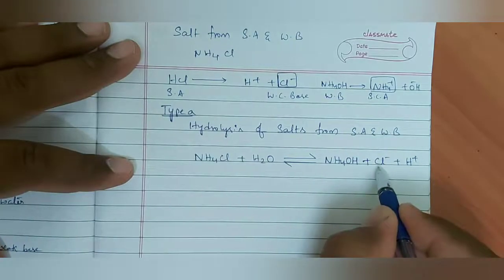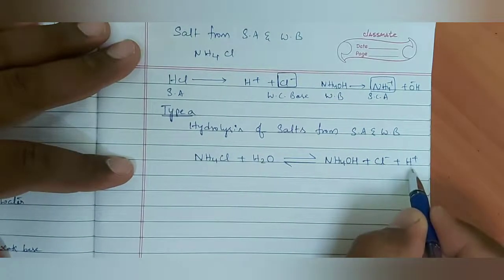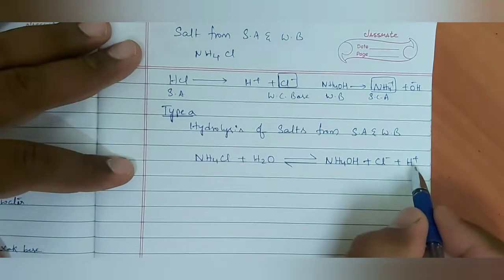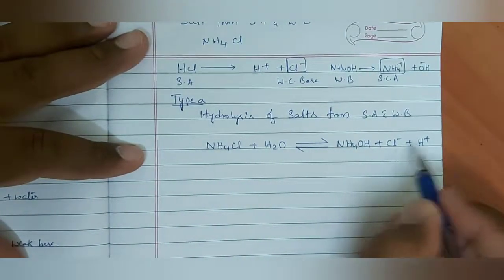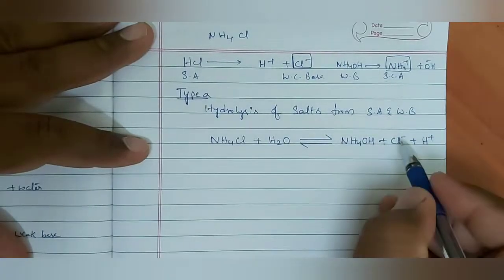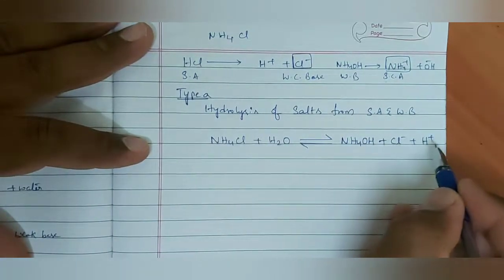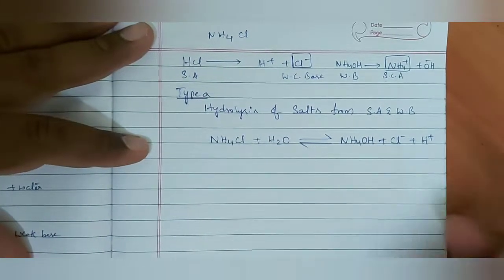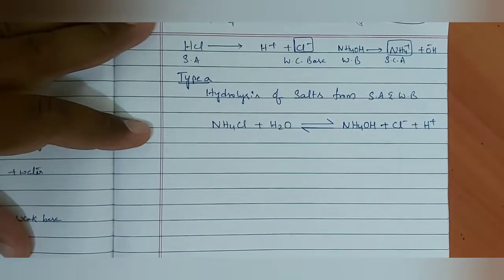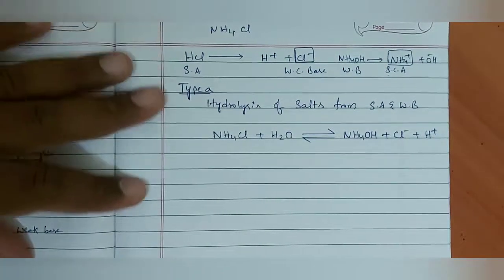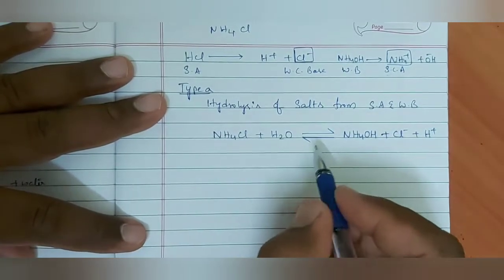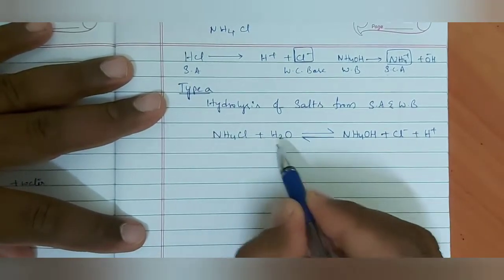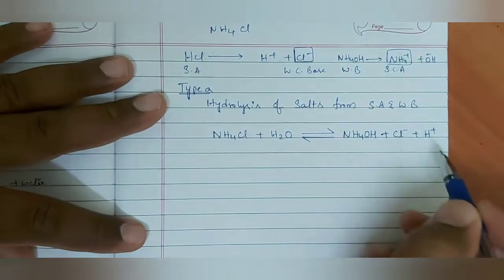But Cl minus cannot combine with H plus ion because Cl minus ion is obtained from strong acid, which is a weak conjugate base. That's why we wrote Cl minus ions as Cl minus only and H plus. Be particular about this one, because these are important. Okay, this is the equilibrium condition between NH4Cl and water: NH4OH, Cl minus and H plus.